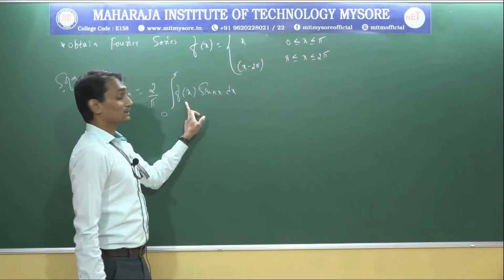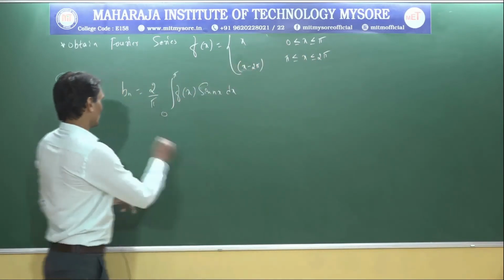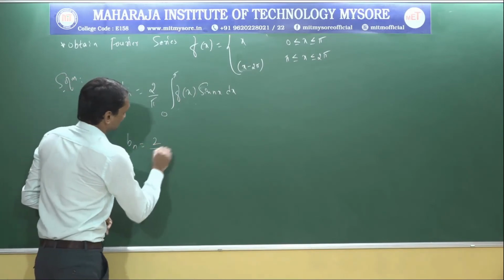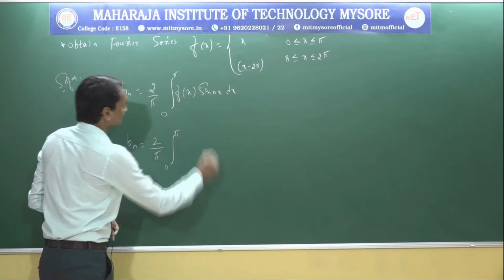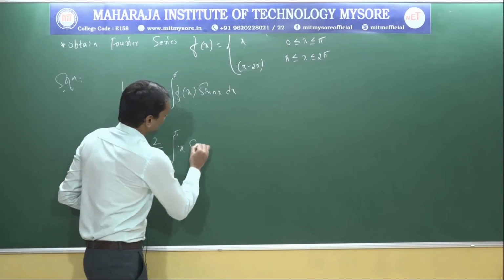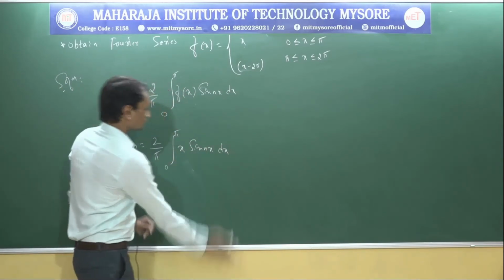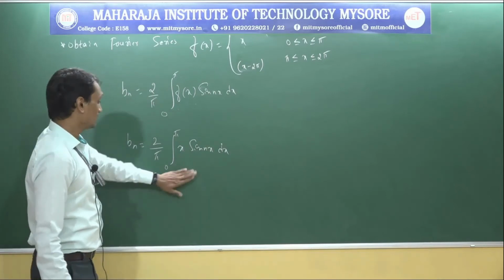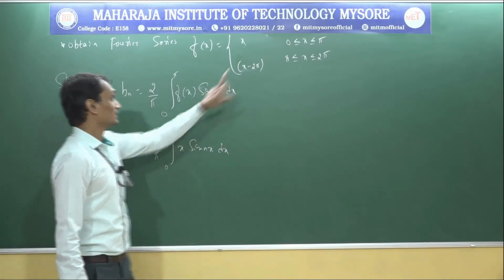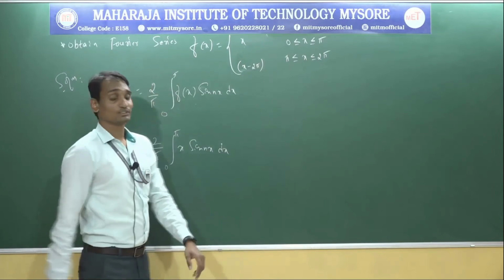So in place of f of x we substitute x. So bn equal to 2 by pi integral 0 to pi x into sin nx dx. Why did I substitute x here? Because the integration is from 0 to pi, where f of x is x.